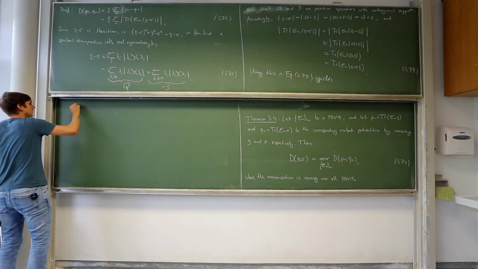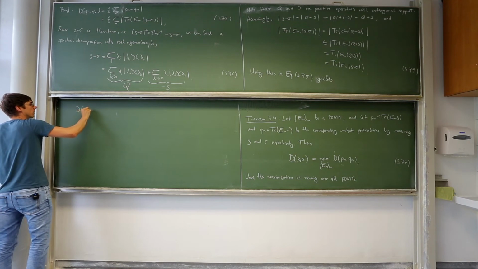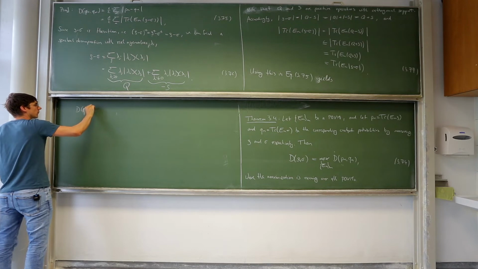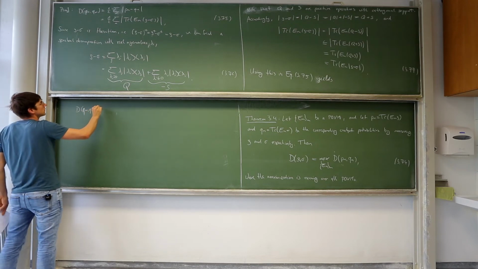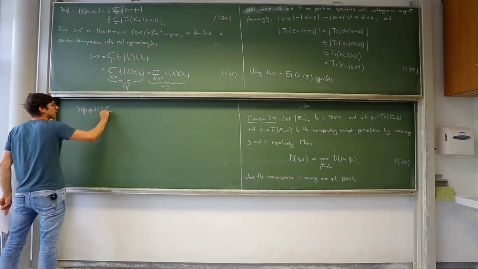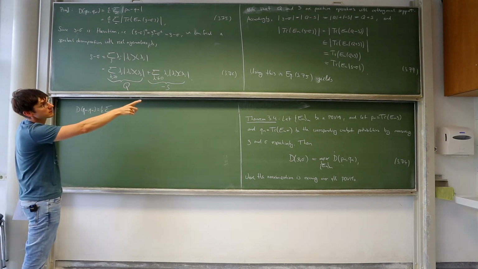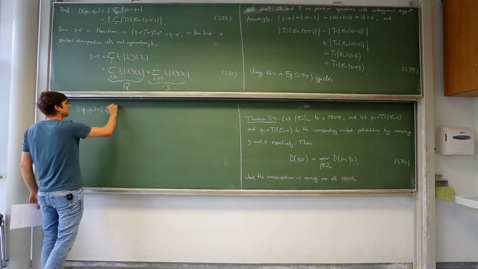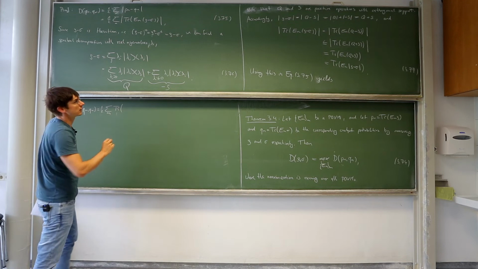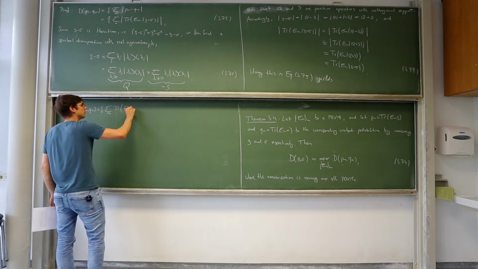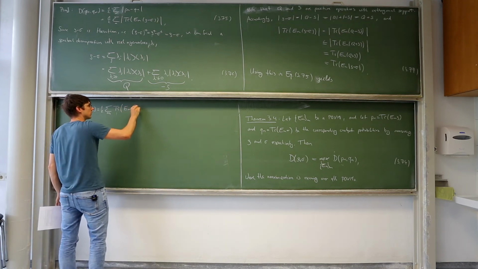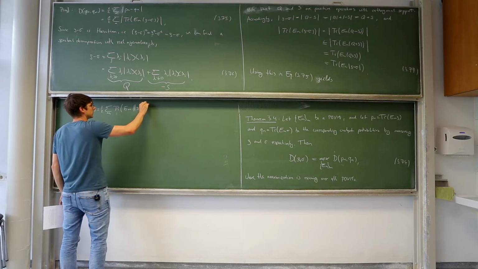So we have d of pm, qm is equal to 1/2 sum over m, and then we use this here, so we have the trace of EM and then the modulus of rho minus sigma.